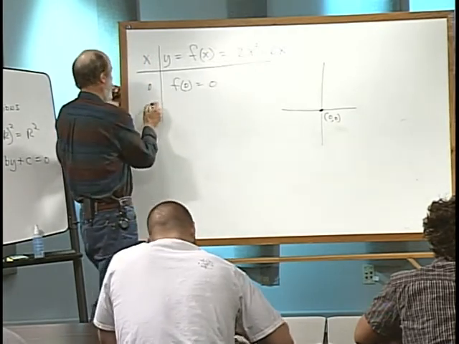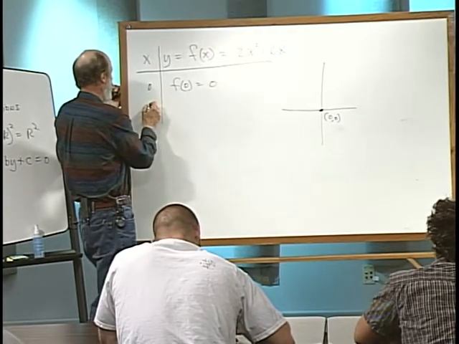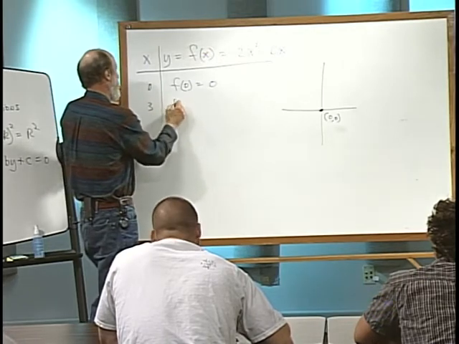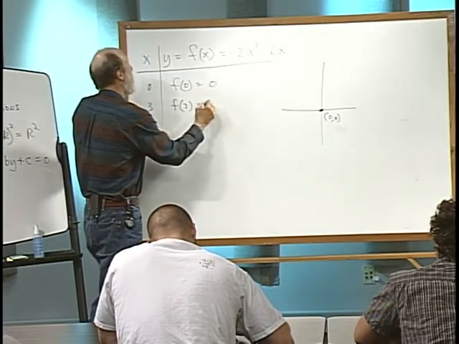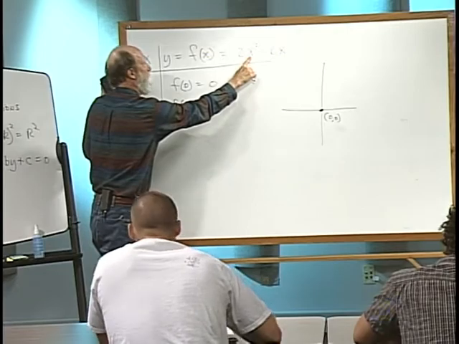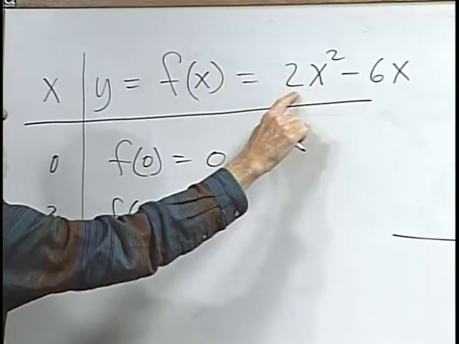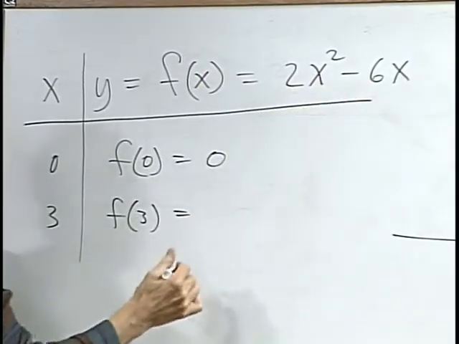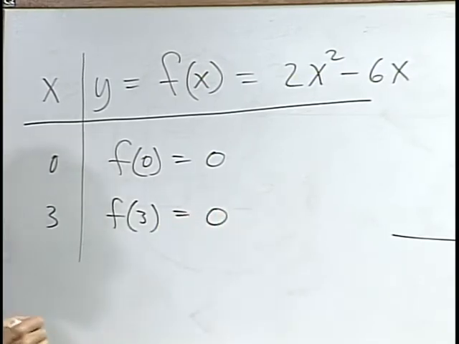Okay, and let's keep it simple. Let's say if I put in a 3, f of 3 would be, do the math, 9 times 2 is 18, minus 18. 0. Oh, boy. That's strange.